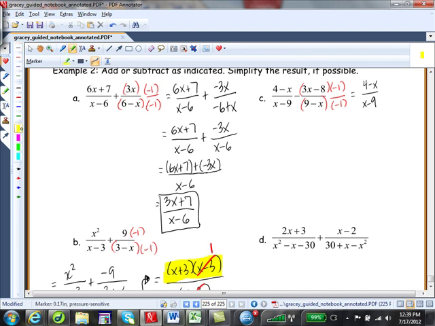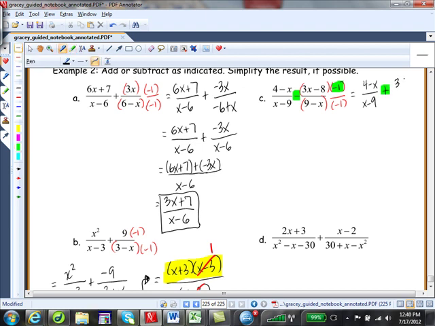Now here's the trick. Do you see here we've got minus a minus? So instead of distributing that negative 1 through the 3x - 8 and then distributing again when you subtract, I'm going to turn that minus a minus into a plus.